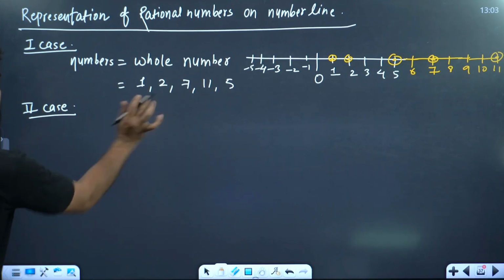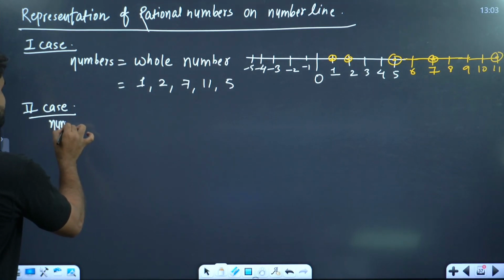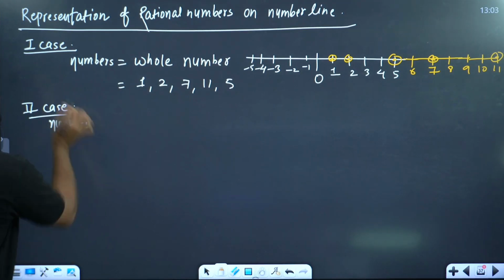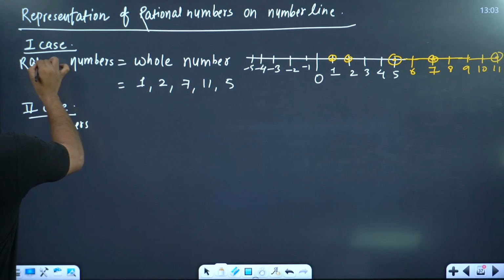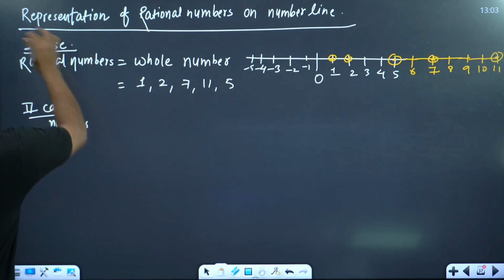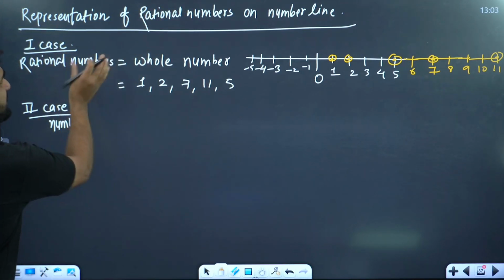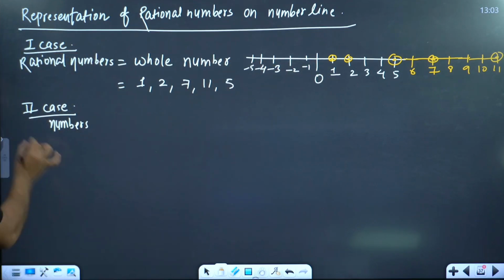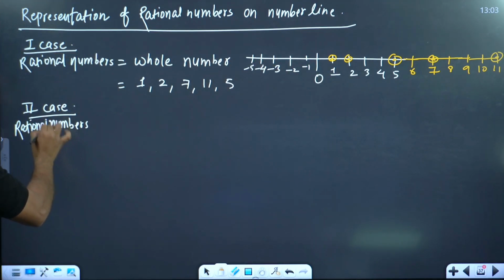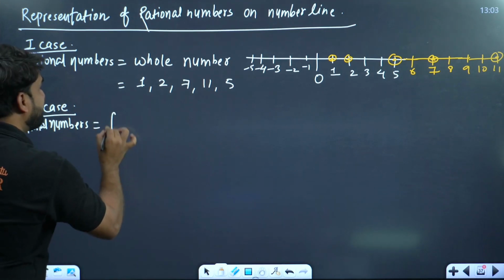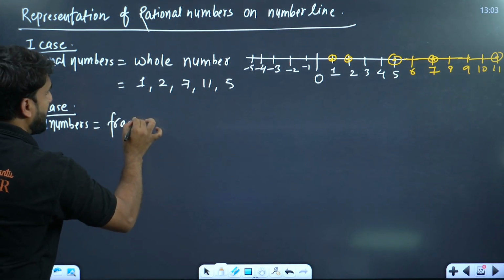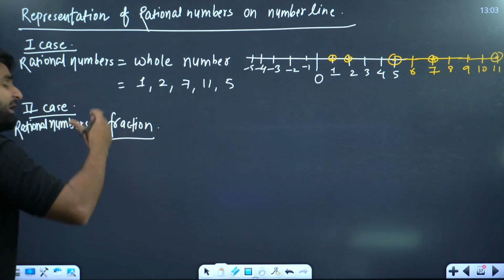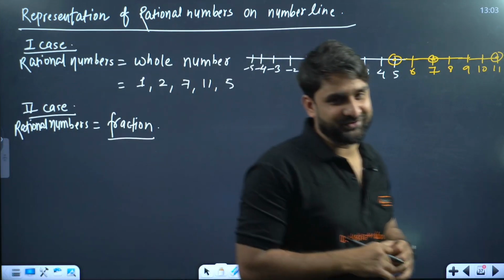Second case is, my dear champion, when the numbers, I'm talking about your rational numbers, please keep it in mind. When the rational numbers are in the form of whole numbers, this is very easy to represent. But if the rational number is in fraction form, then how to represent?